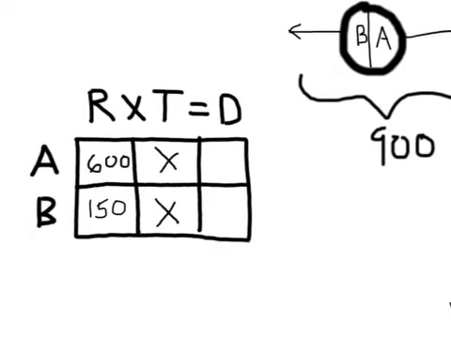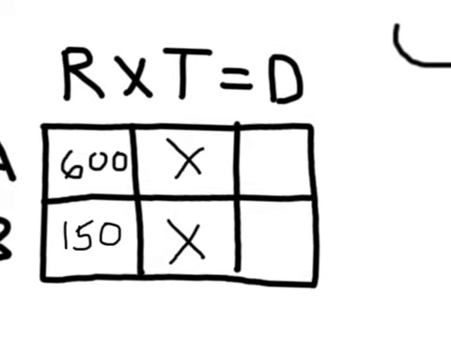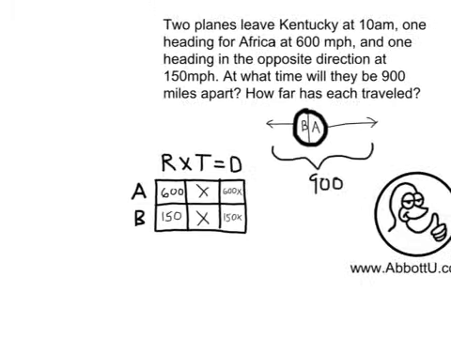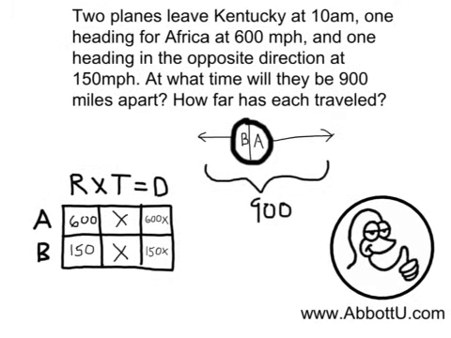We've got a distance of 600x for similar reasons as what we've been working with before. So we've got 600x right here, and we've got 150x right here. Now, I'm sure some of you at home are already guessing what the proper algebraic equation would be to solve for x. And you're probably right.